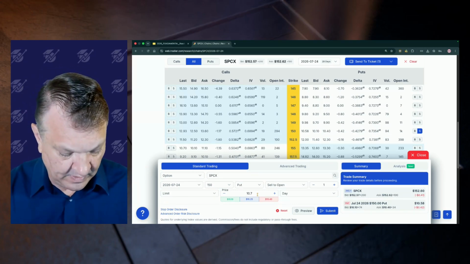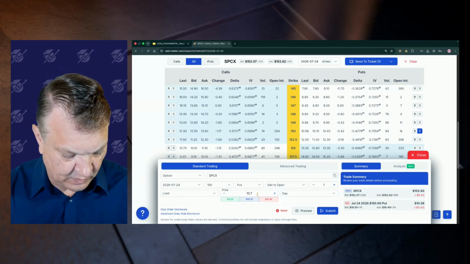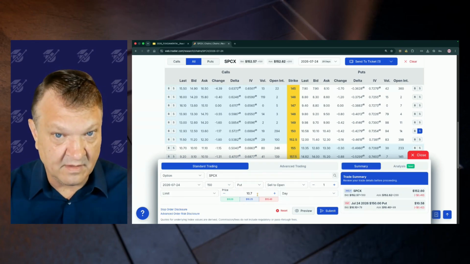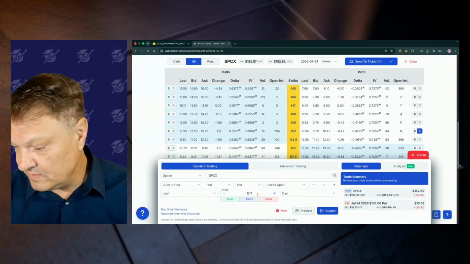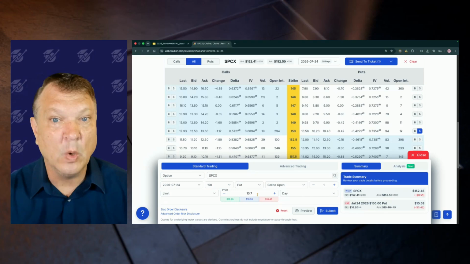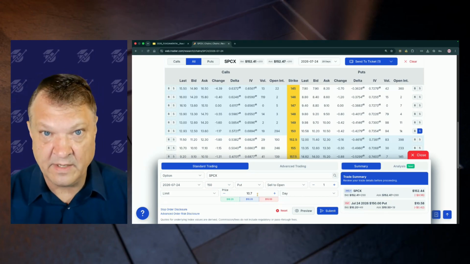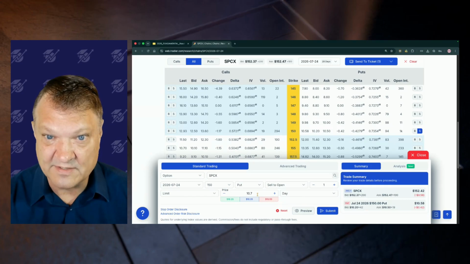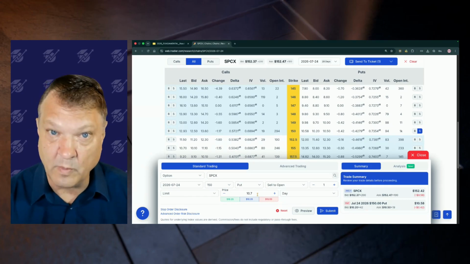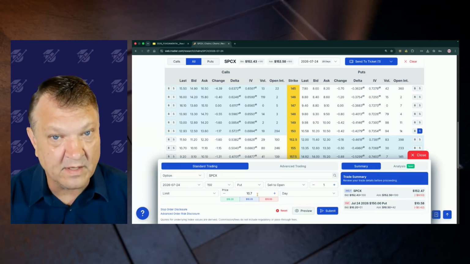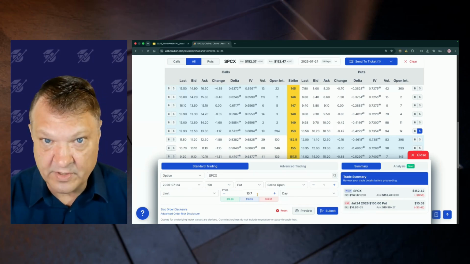Okay, so if I take 7% times 12 months, that's 85% for the year. 86 if we round up, 86% for the year. So you could go out and in theory sell at the money puts in SpaceX and have the stock run away from you every 30 days to the point that you don't get the stock, and you can pull in 80% for the year.